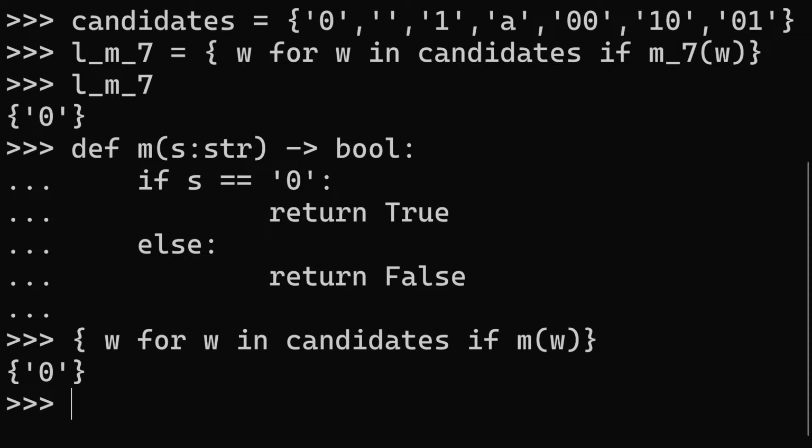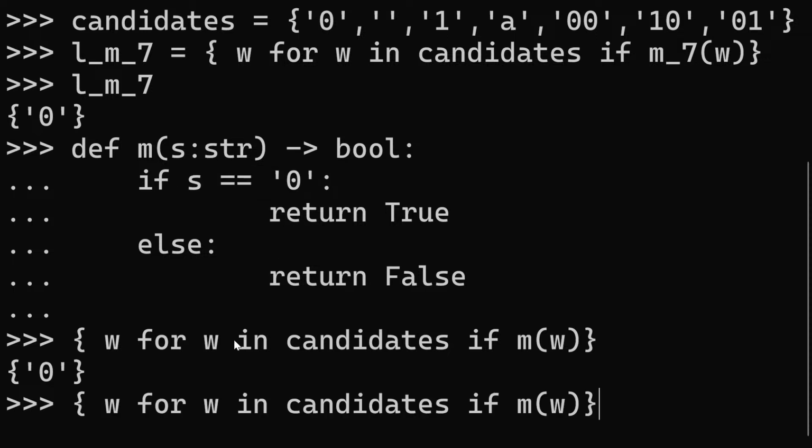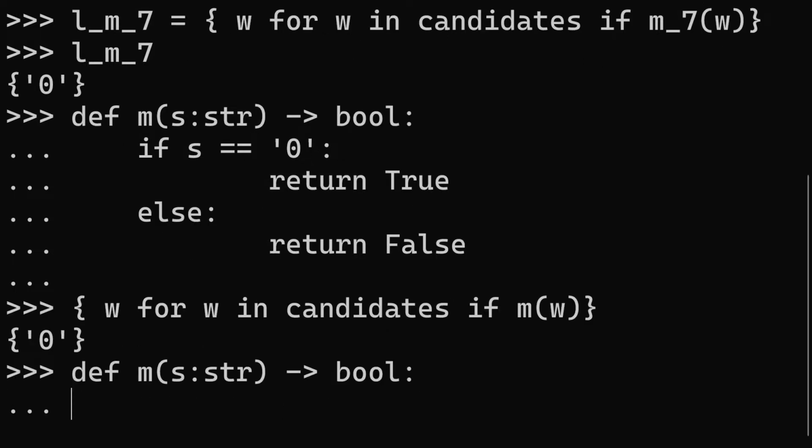So I can draw out the automaton the same way. I'm going to rewrite this to be more concise. This statement is either true or false, right? Yes. So I don't need to return true and false. I will simply return S equals 0.